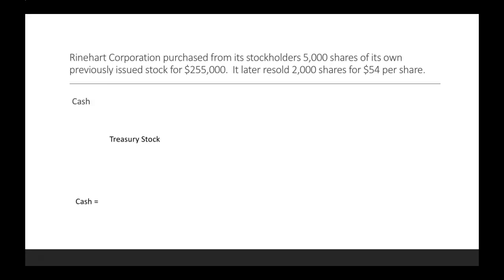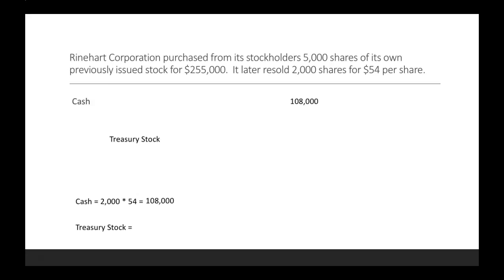So now let's start figuring out some numbers here. Cash. We're going to take the number of shares that we sold times the price per share that we sold it for. So 2,000 shares for $54 per share is $108,000. So we'll debit our cash $108,000.